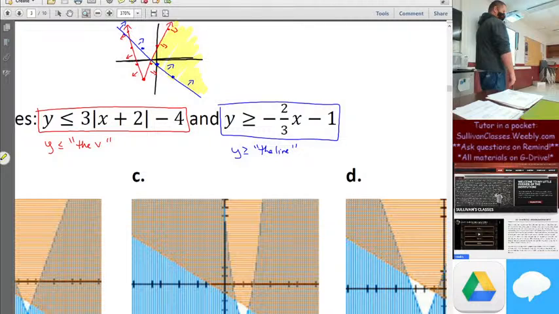Almost. That's not all of it, is it? Remember, this is shading outside the V. This is shading above the line. This is going to keep going up here forever. Both of those sections.